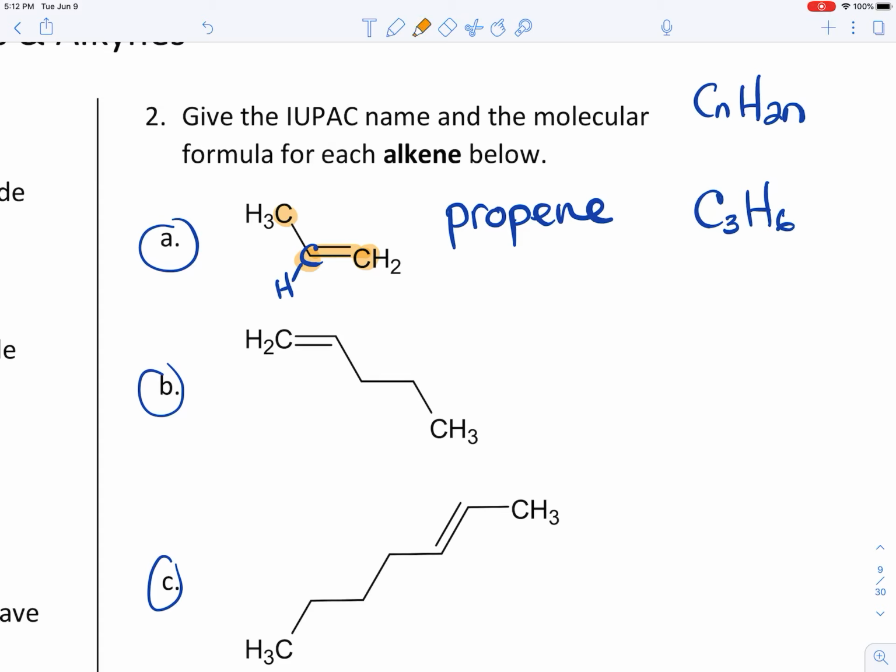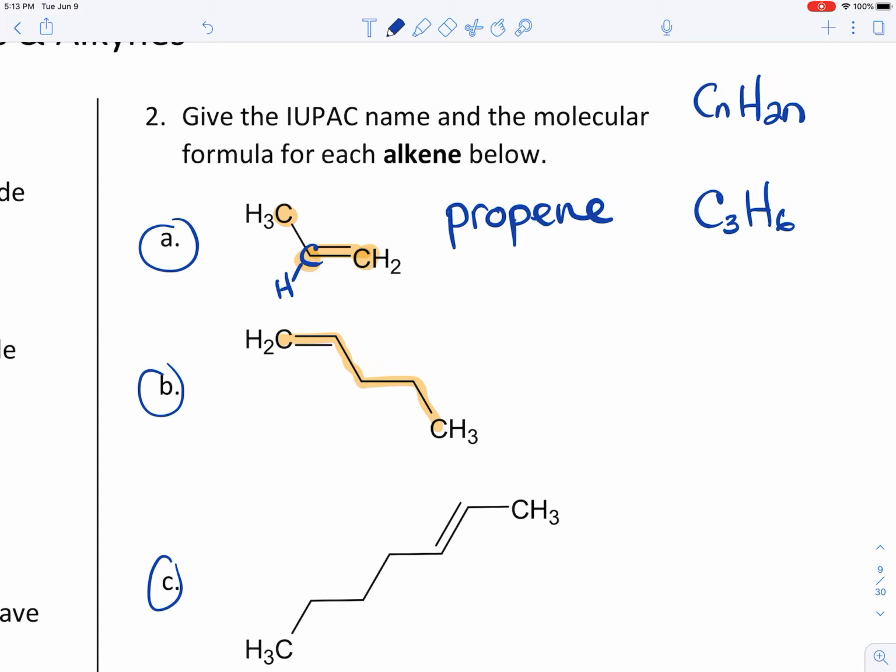The second molecule, let's identify the parent chain. It has 1, 2, 3, 4, 5 carbons in the parent chain. So you'd first think of the molecule pentane, but then you see that double bond, and that tells you it's an alkene. So instead of pentane, we're thinking pentene.